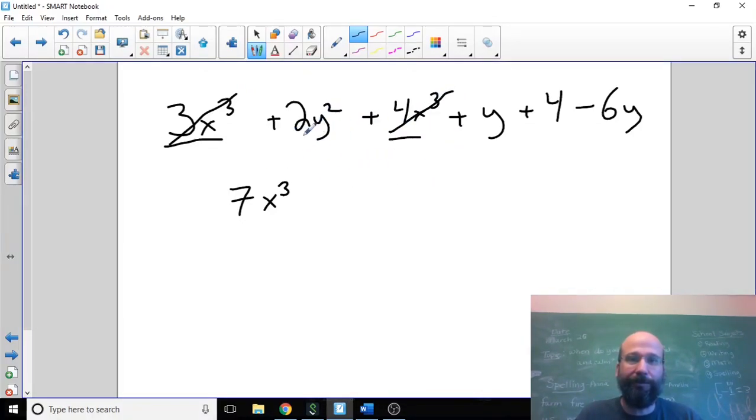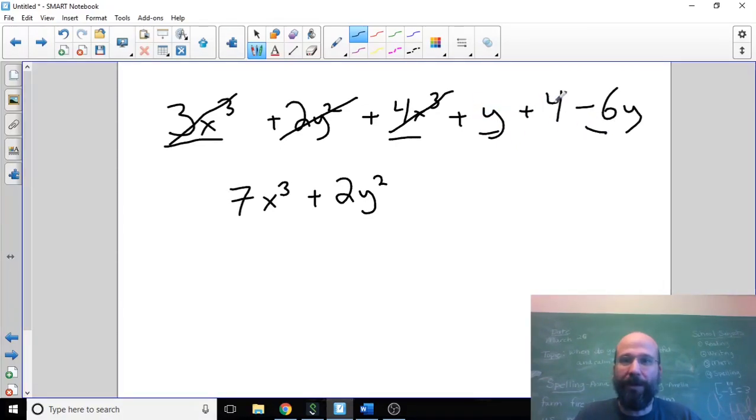So I'm going to look for 2y squared. I'm going to look for y squared. So no, that's just a number and that's just y. So there's nothing to combine with 2y squared. So that one just comes down. 2y squared. Now I scratch it off so I don't get confused. Now I'm looking just for y, and I have this one and this one.